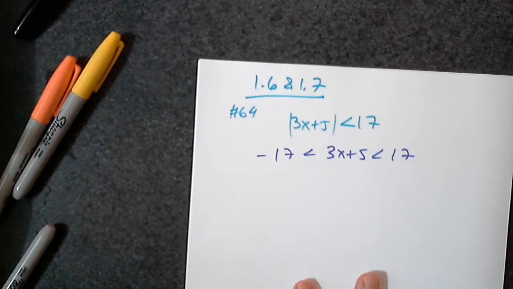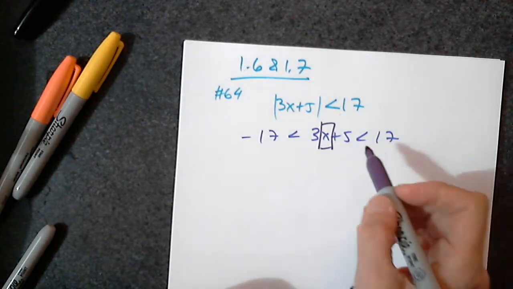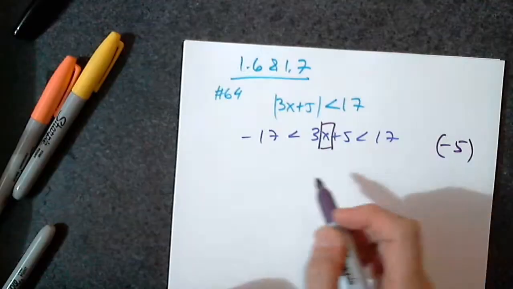What will be the first step? What do I need to get rid of first? Remember, we have to solve for x. Yes, we have to subtract 5 from all 3 sides.